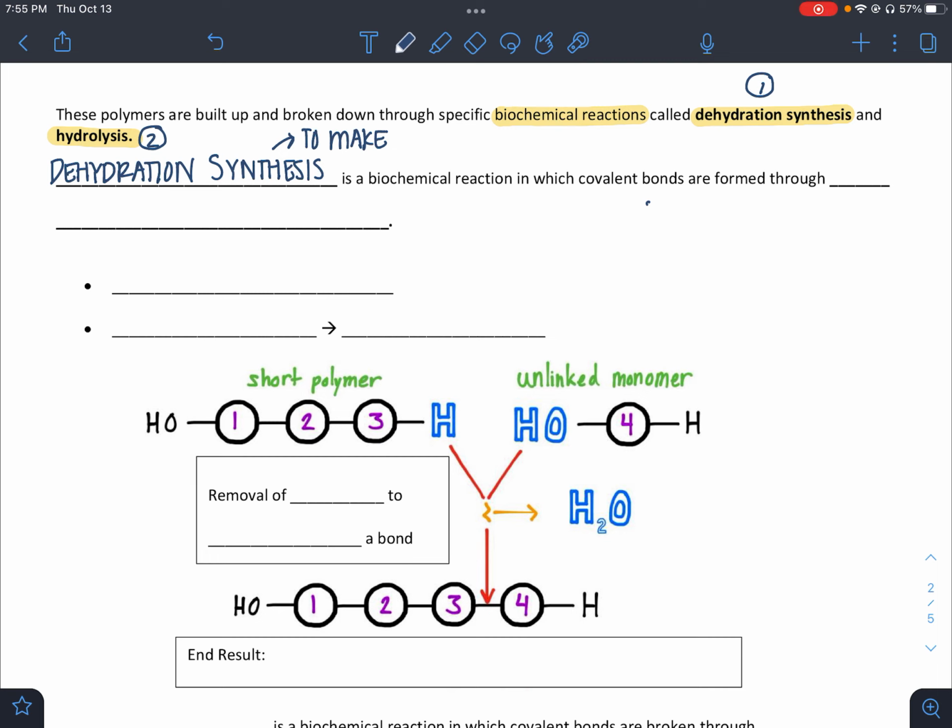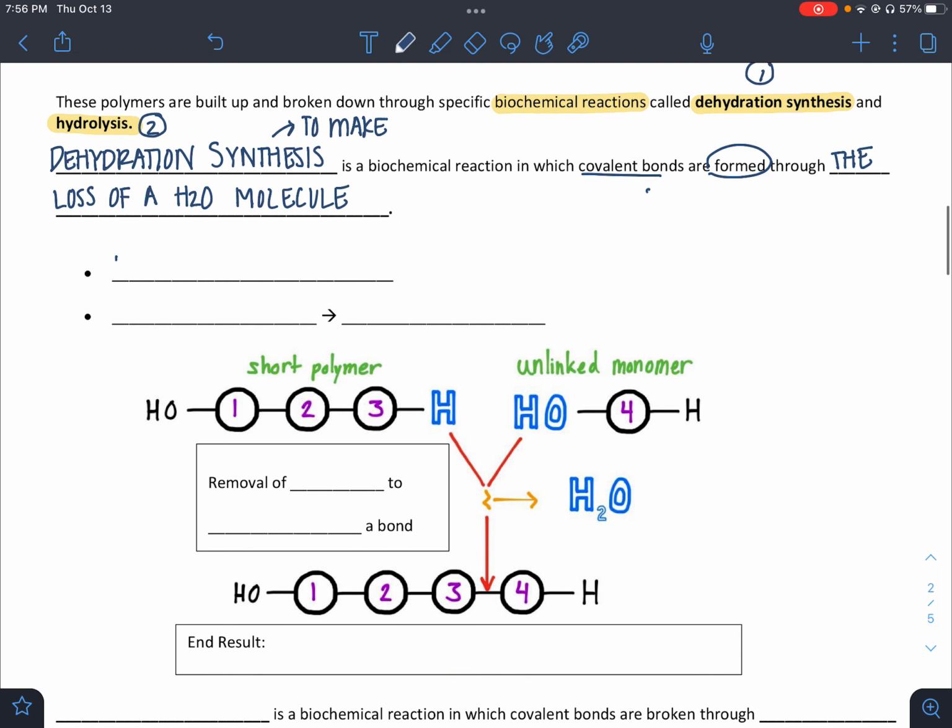Every time you see the word synthesis, you should think, oh, we are making something here. This is a biochemical reaction in which covalent bonds are formed through the loss or removal of a molecule of water, an H2O molecule. So we are building covalent bonds by removing a water molecule. Dehydration, removing water; synthesis, to make.